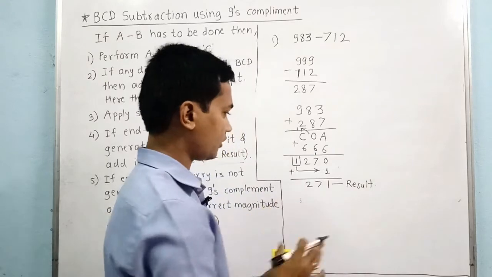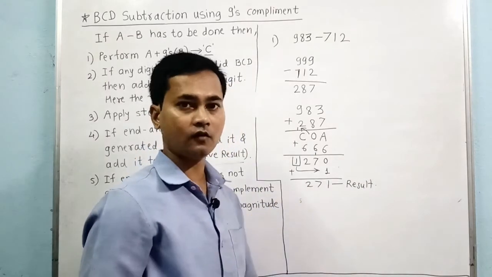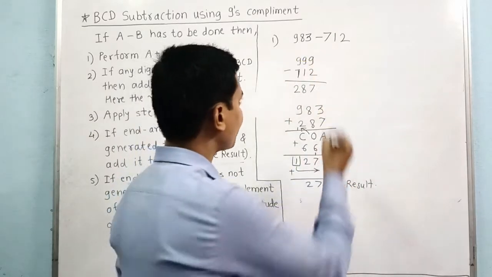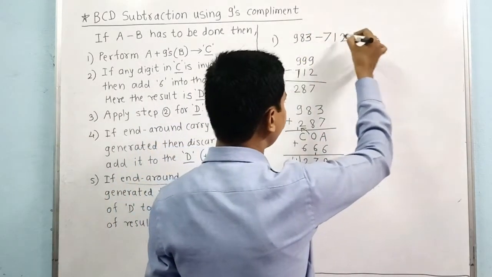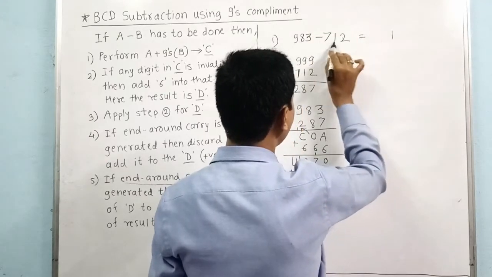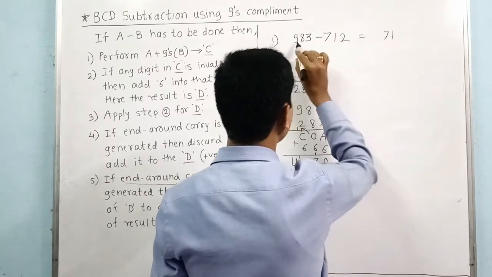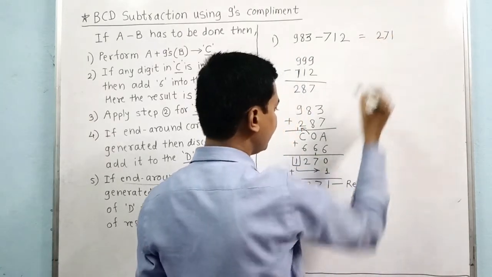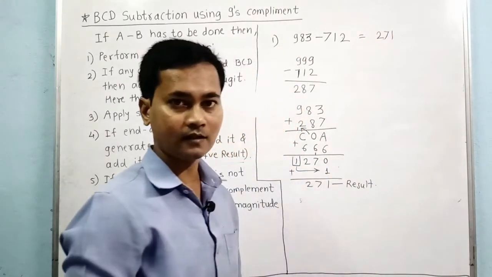Now let's cross check whether this result is correct or wrong. We will perform it directly in decimal. 983 minus 712: 3 minus 2 is 1, 8 minus 1 is 7, and 9 minus 7 is 2. So 271 is the right result. Correct result.